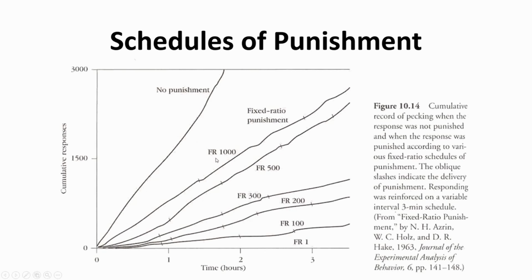We do still see a reduction in that behavior, even if only 1 out of 1,000 of the responses is being punished, but it's still not as dramatic of a decrease in that responding behavior as if every single response was being punished. So the delivery of punishment can also affect how quickly that behavior decreases.